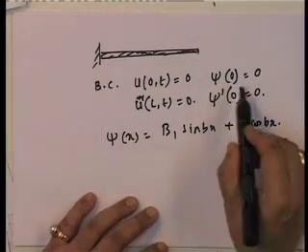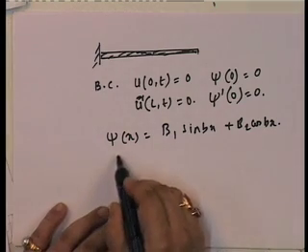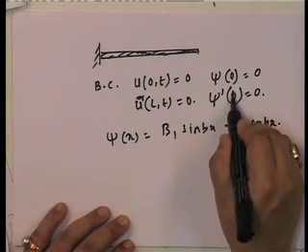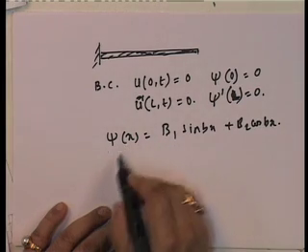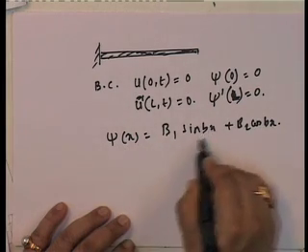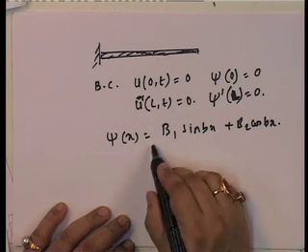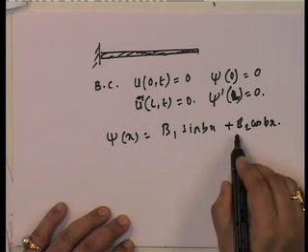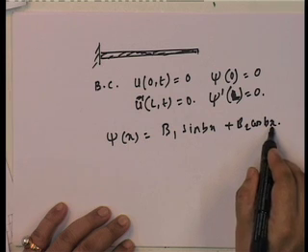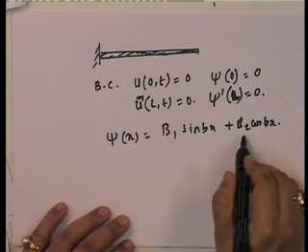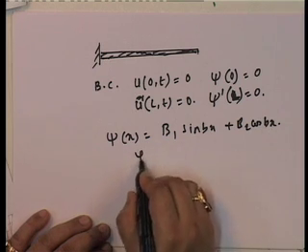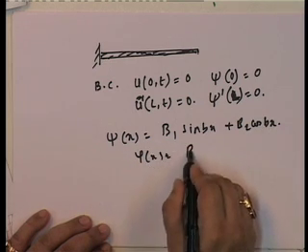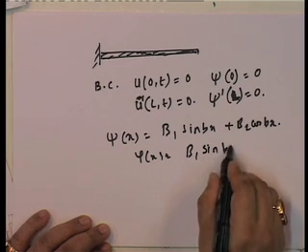Now, xi at x equal to 0 turns out to be 0. So, B1 into 0 is 0, plus B2 into 1 is equal to 0. So, from that we found out that B2 is equal to 0.